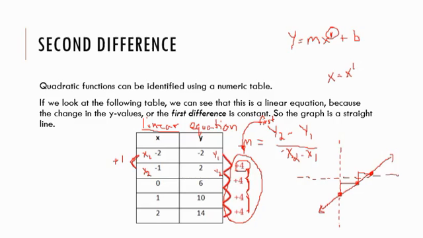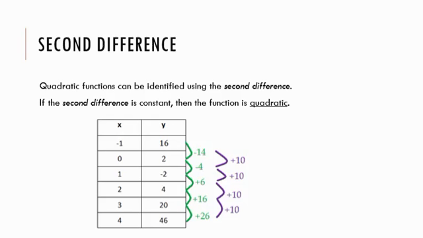If we expand that knowledge onto a quadratic equation, we're going to look at the second difference. Why? Because we have a quadratic equation, which means that the degree is 2. That's what quadratic means. Quadratic functions have degree of 2. So I'll write the rest of this out.